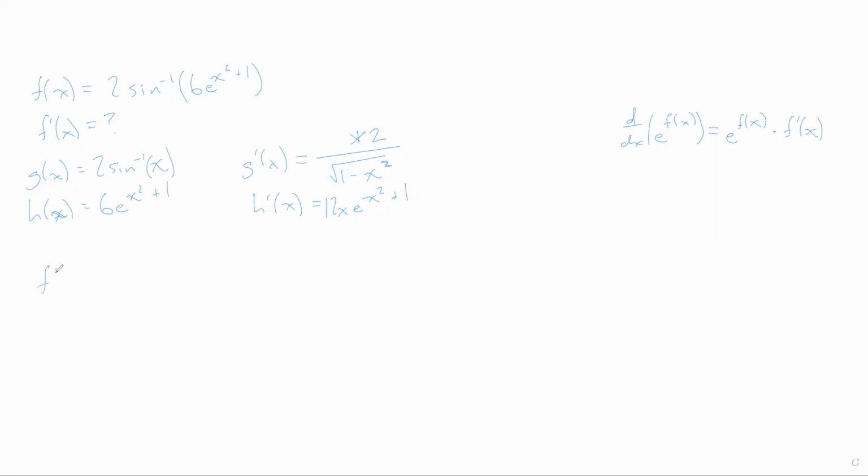How can I construct f prime of x? It's going to be g prime of h of x, right, times h prime of x. Okay, so that's good. Now we can start filling that in. What is g prime of h of x going to look like?